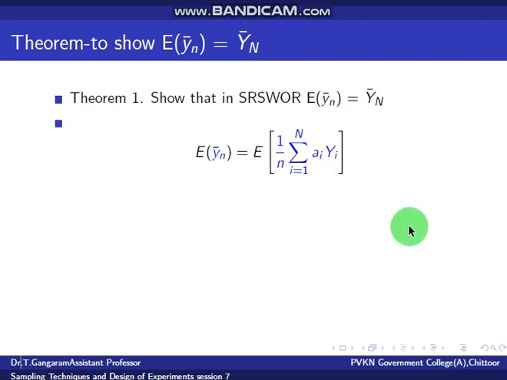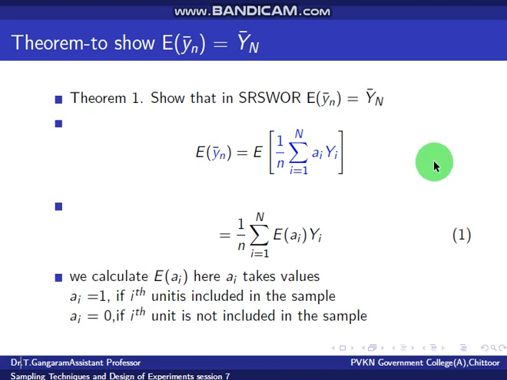By definition of y bar n, in the previous lecture you saw y bar n can be written as 1 by n into summation i is equal to 1 to N of ai into yi, where ai is a random variable that takes 1 and 0.